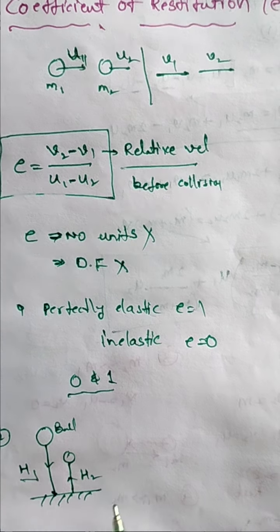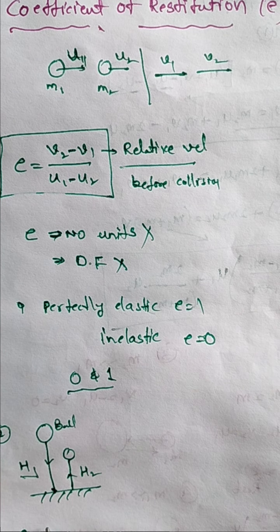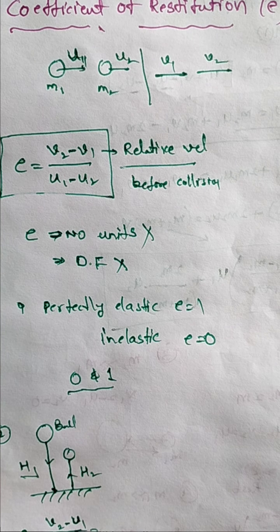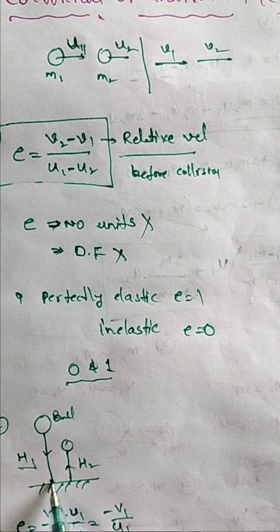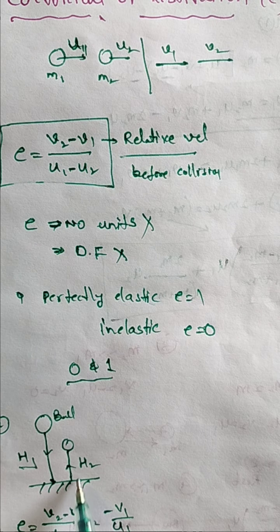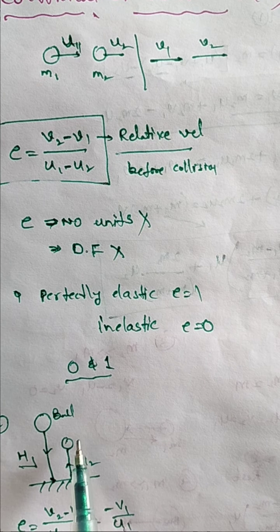In this case e is equal to (v2 minus v1) by (u1 minus u2), which is minus v1 by u1, because the final velocity v2 is 0, and u2 is also 0.